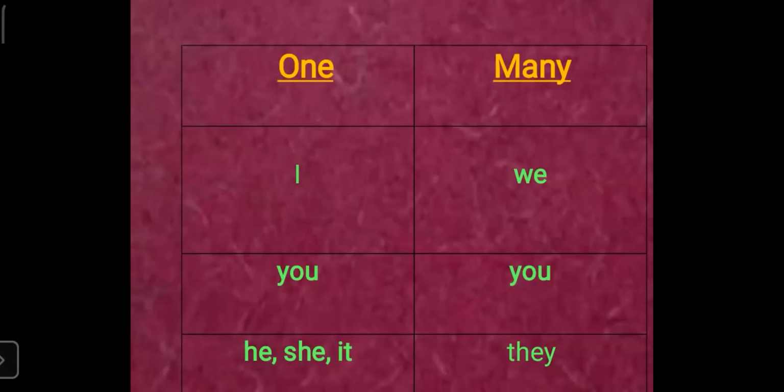So when we are talking about one person or about ourselves, we use the subject pronoun I. But when we are talking about ourselves and someone else, then we use the subject pronoun we. So we use I for one and we for many.